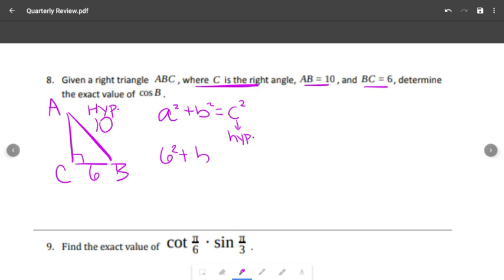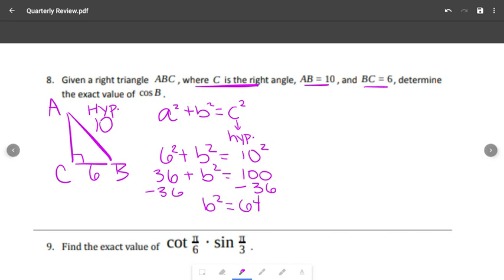The 6 can become either the A or the B. It does not matter. 6 squared is 36. 10 squared is 100. Subtract the 36. Take the square root of both sides. So we get the missing side is 8.